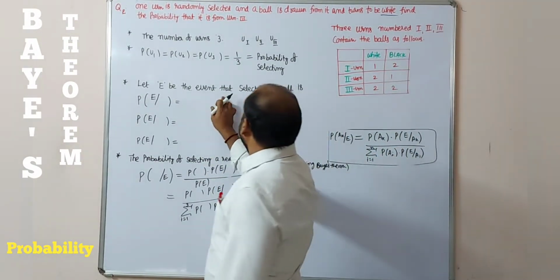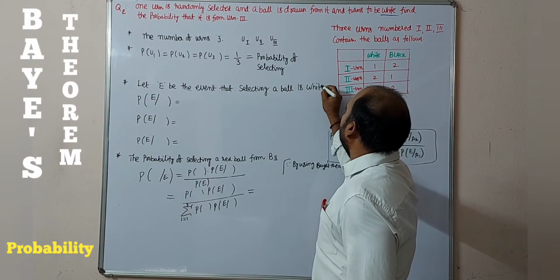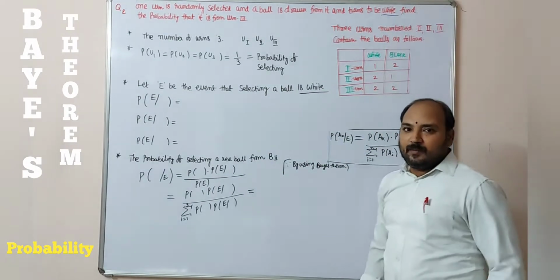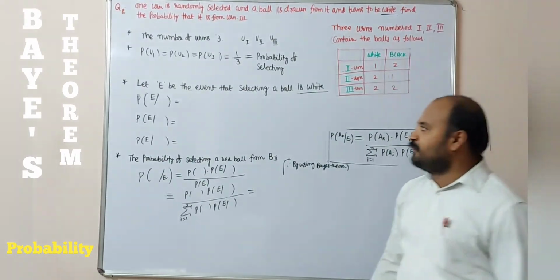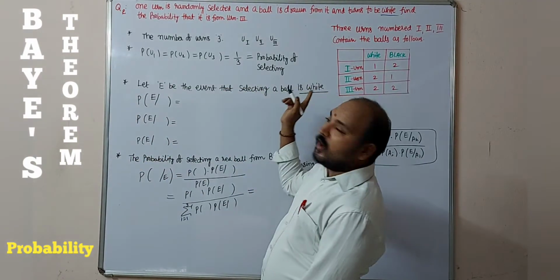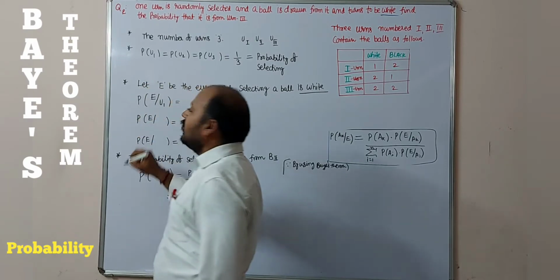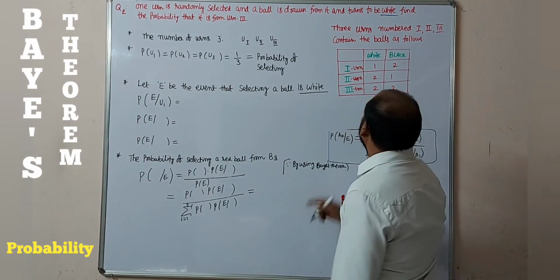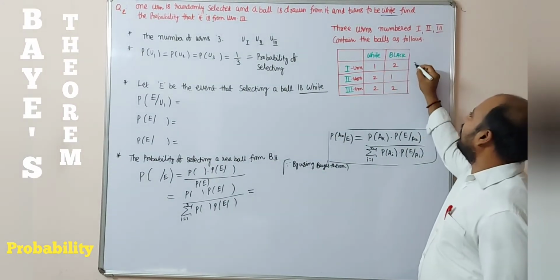Let E be the event that the selected ball is white. This is also very important. E is the event of selecting a white ball. Next, the probability of selecting a white ball from urn 1, that means from U1. So in U1, total how many balls are there here? 1 plus 2, 3 balls are there.